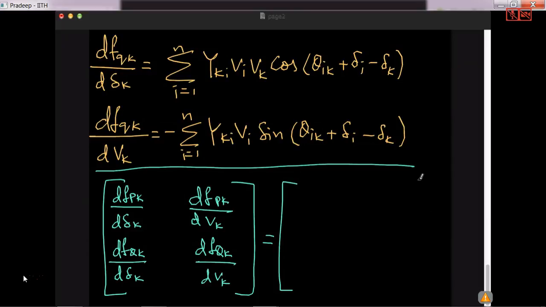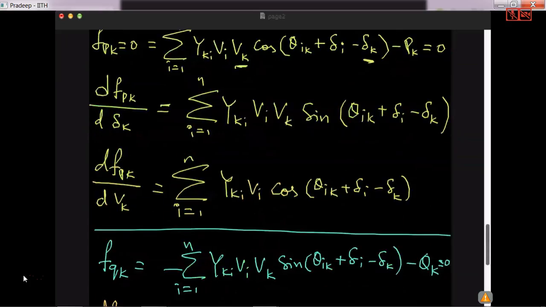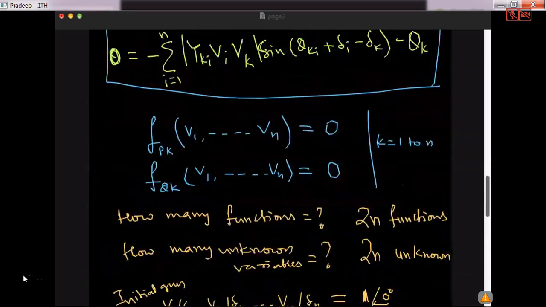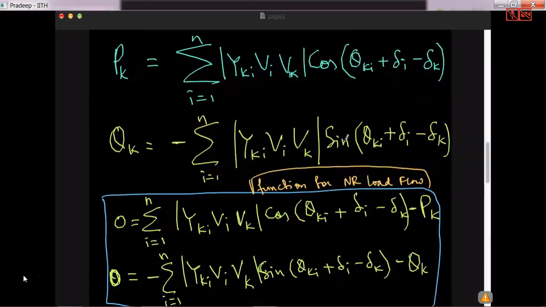Now the last term you see is the same as this one. If I further simplify, if you look at the structure, this is nothing but Qk divided by Vk. If you go up and look at this one, you have Qk. If I divide by Vk, I'll get everything except Vk: yki vi sine of this, with a minus sign.